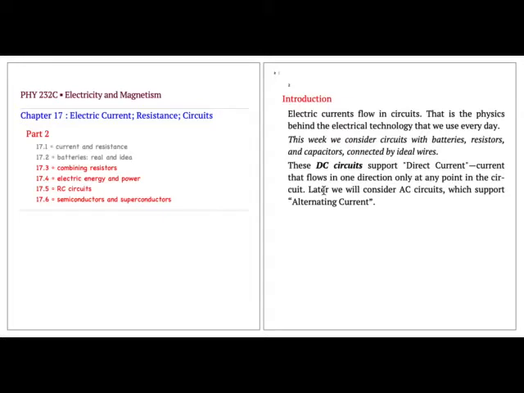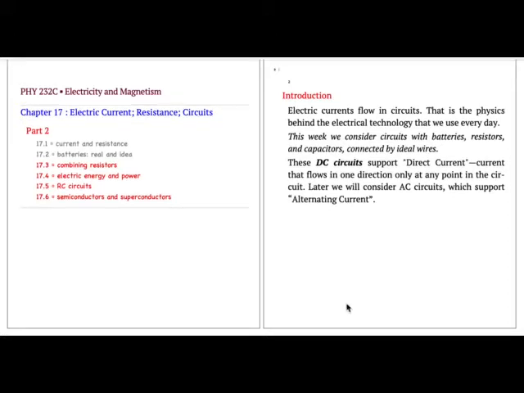Later, we'll consider AC circuits, which have alternating current. But for today, we'll have a circuit of some sort. It may have batteries. It may have resistors. It may have capacitors.